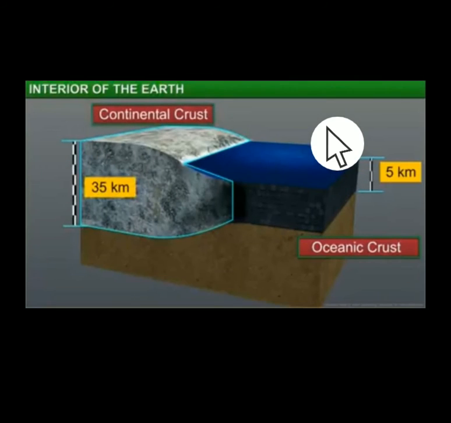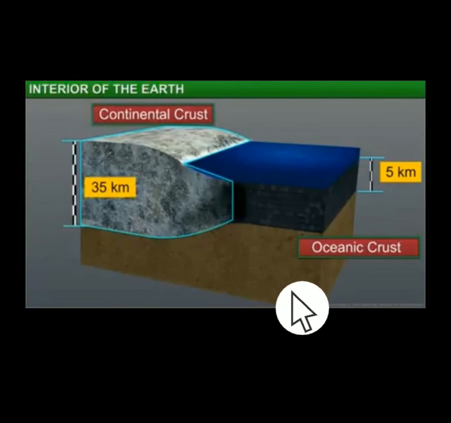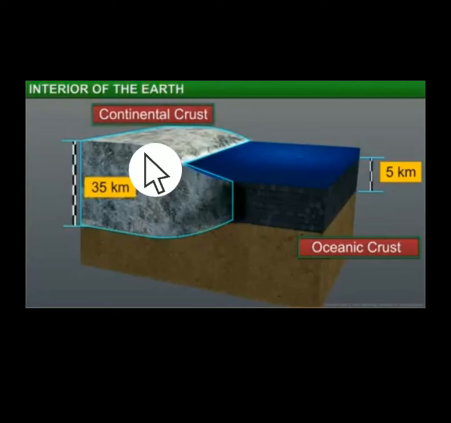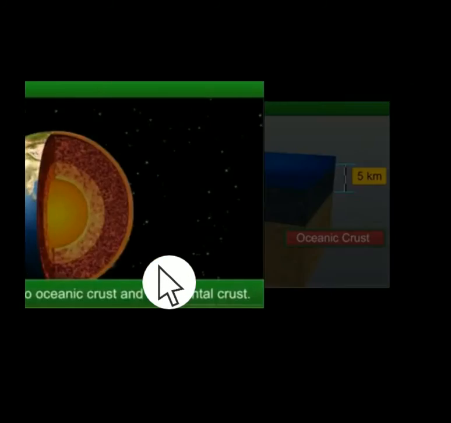So that's why I said right in the beginning that the thickness of the crust is not the same. Wherever we have mountains, hills, wherever we are staying on the continent, the thickness is about 16 to 45 kilometers, and in the ocean it is only about 10 kilometers.